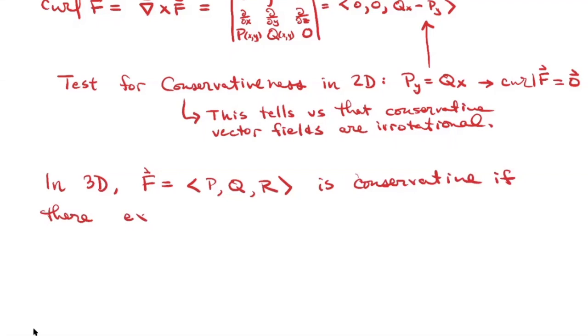Now, just to put this all out here, the gradient of little f is going to be fx, fy, fz, okay? But this is equal to big F, which is PQR.